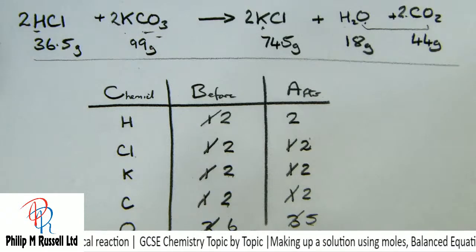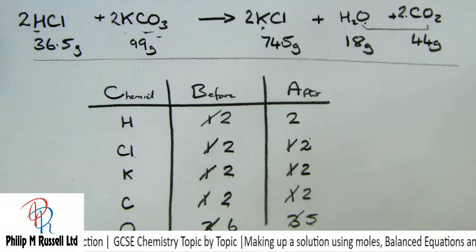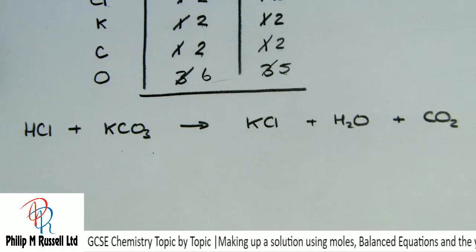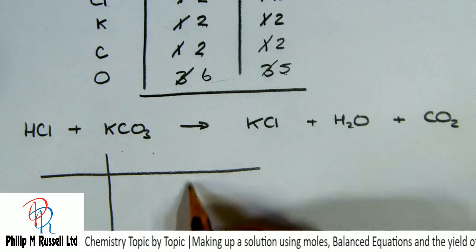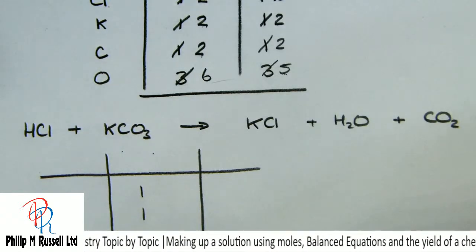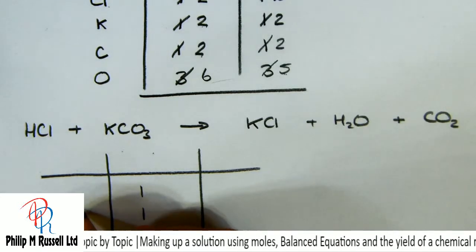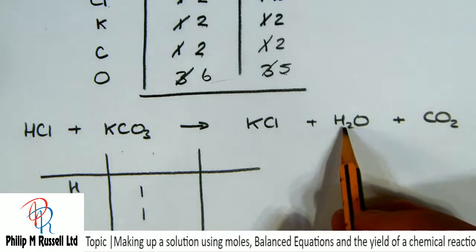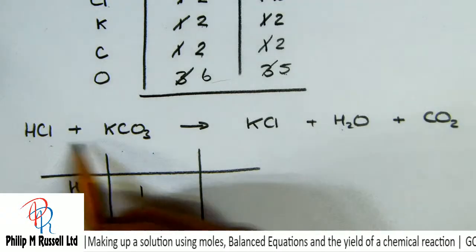So what looks like a fairly straightforward reaction needs a little bit more work. Let's see what would happen if we try this with 3. If I had 3 hydrogens here, then that's not going to give me an even number.